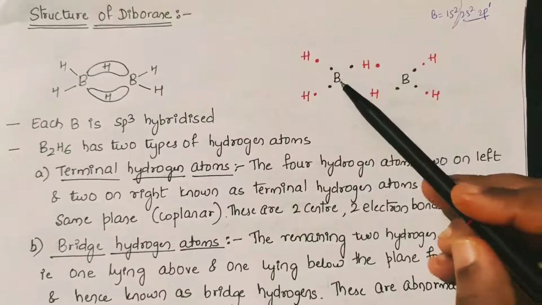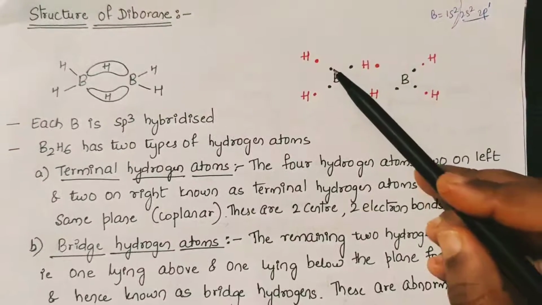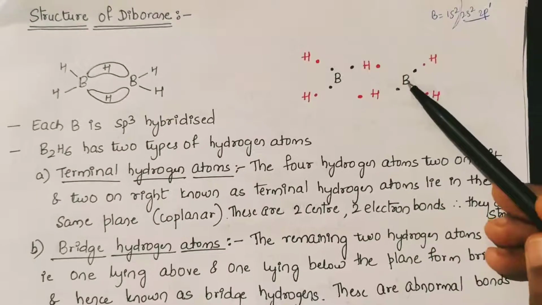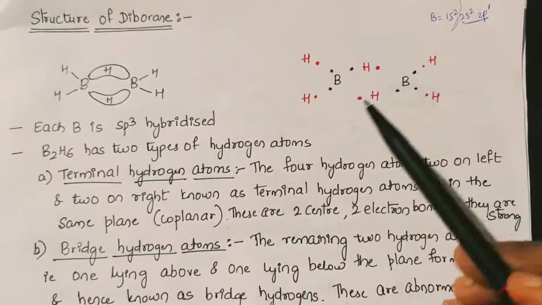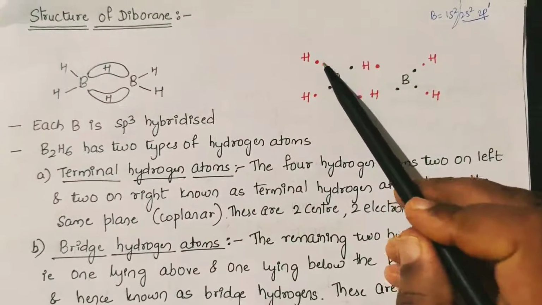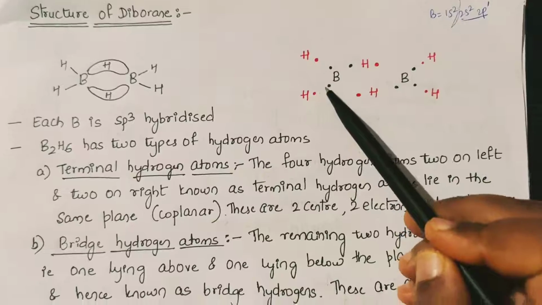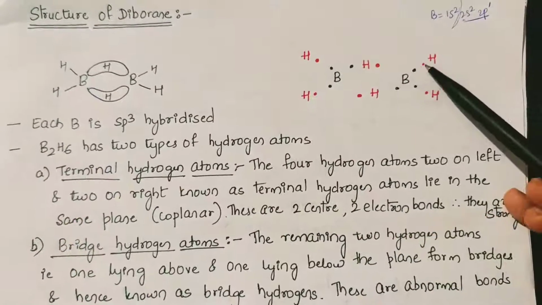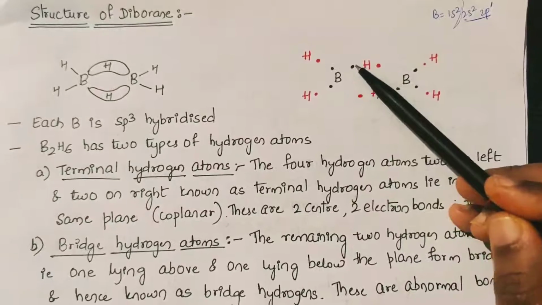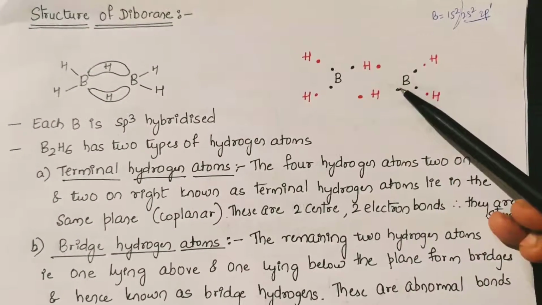Whatever black dots I have written are the electrons of boron. Here also I have written 3 electrons. Now hydrogen is giving 1 electron here, so there is formation of a sigma bond here. So these two and these two, 4. One electron from this boron and one electron from this boron is left out.